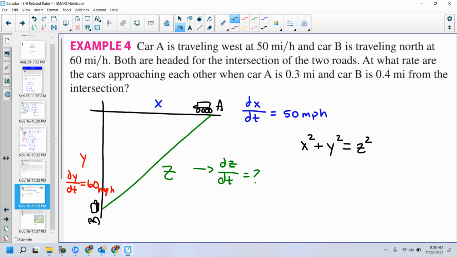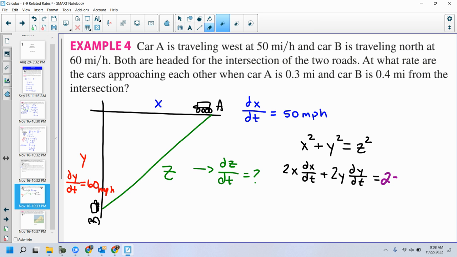We take the derivative first, and we say 2x dx/dt plus 2y dy/dt is equal to 2z, forgot my 2z, dz/dt.